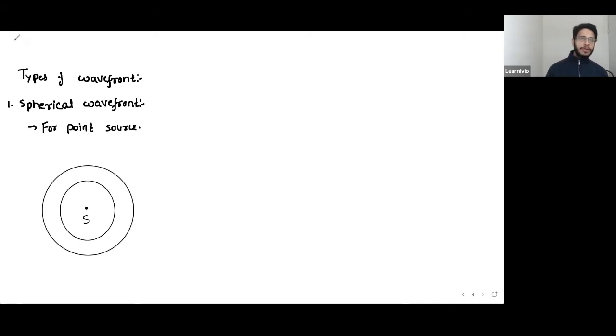Now, if you want to draw rays, remember that rays are perpendicular to the wavefront. Light rays are basically perpendicular to the wavefront. There's one more thing. Light energy travels in the direction of rays. So light energy basically travels perpendicular to the wavefront.